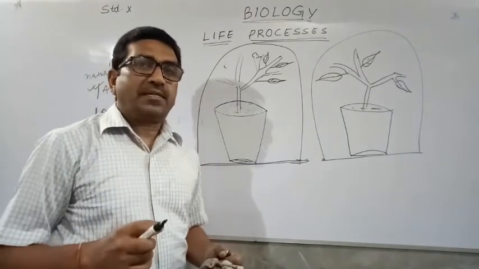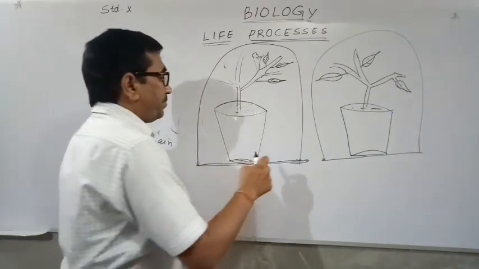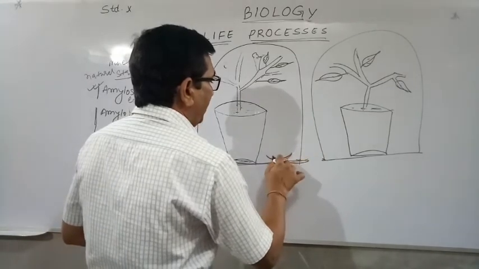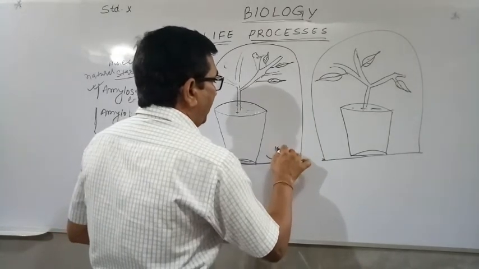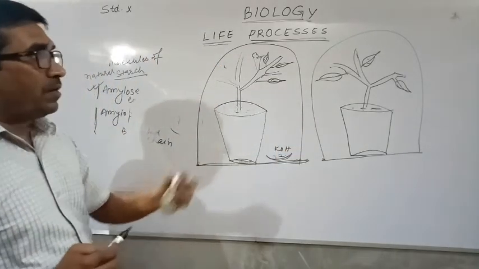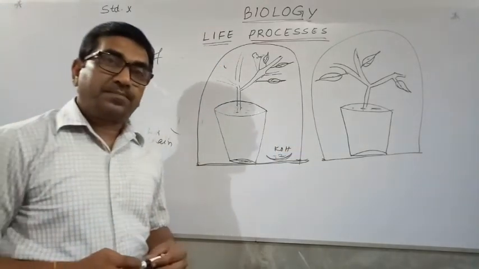We may use Vaseline or other things. In one plant, we keep potassium hydroxide. In the other, we do not keep anything else.